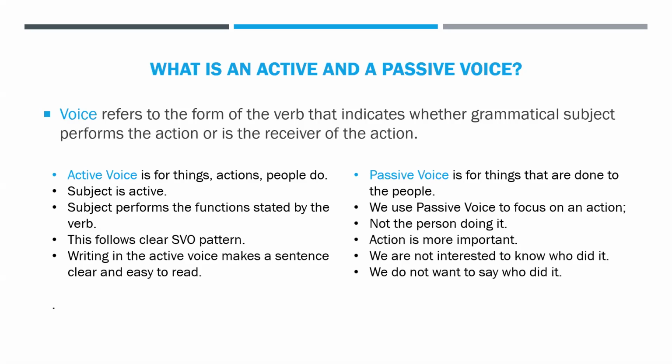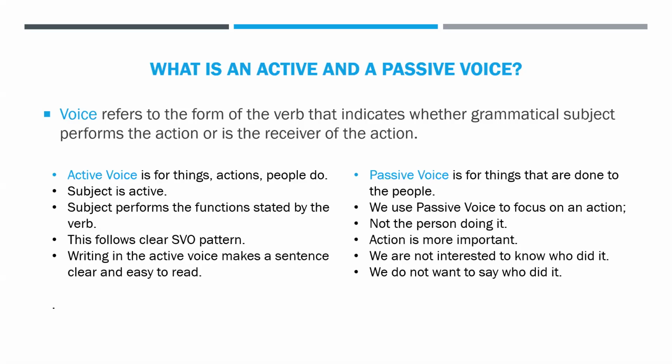Then passive voice. Why do we use the passive voice? It is used for things that are done to the people. We use passive voice to focus on an action. When you're giving importance to the action, you make use of the passive voice. Here we don't give importance to the subject, the person who is doing it.